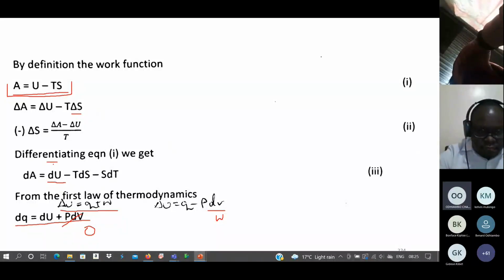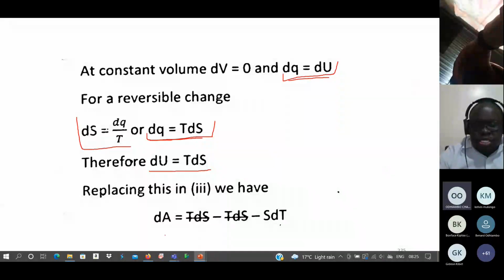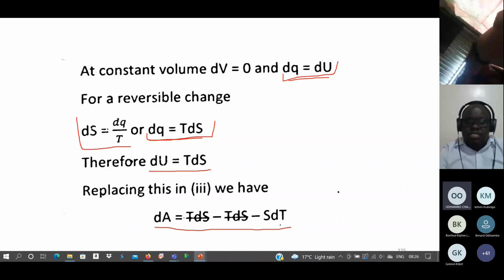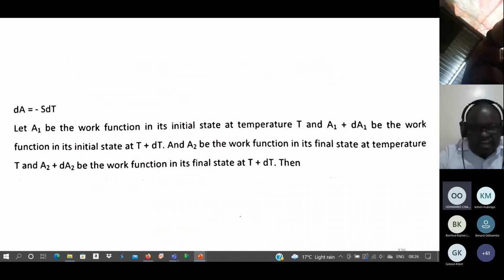So this one will become TdS. So essentially we get dA equals TdS minus TdS minus SdT. So of course the TdS cancel out. We remain with dA being equal to minus SdT.